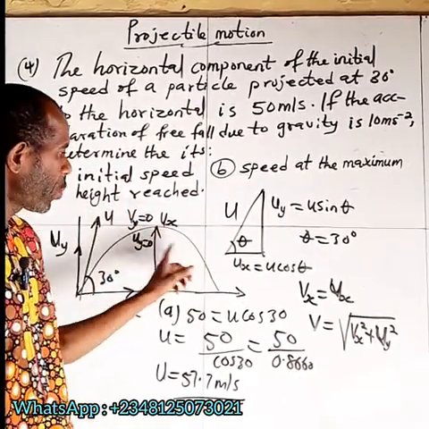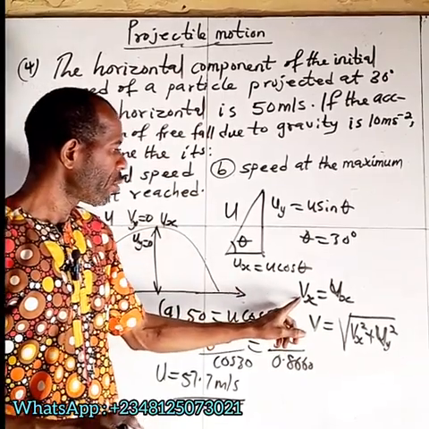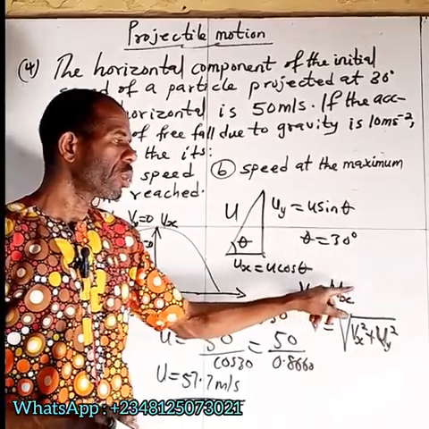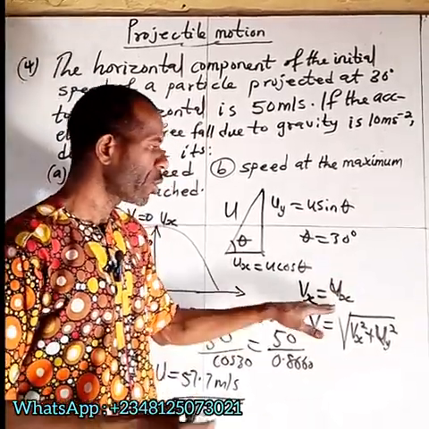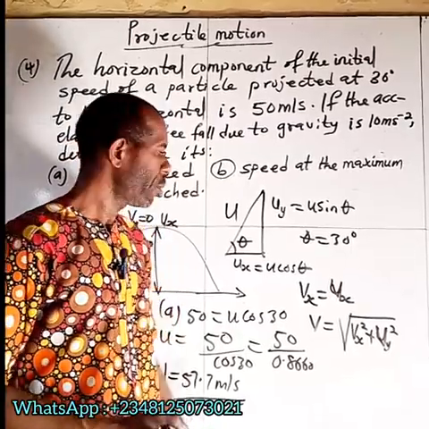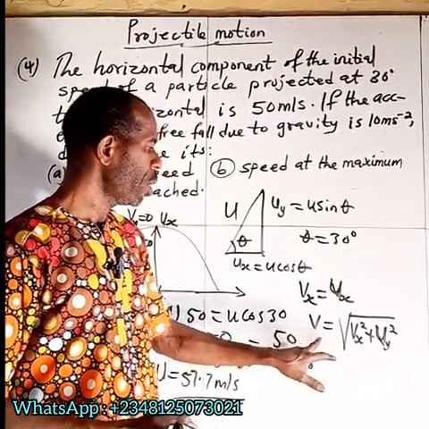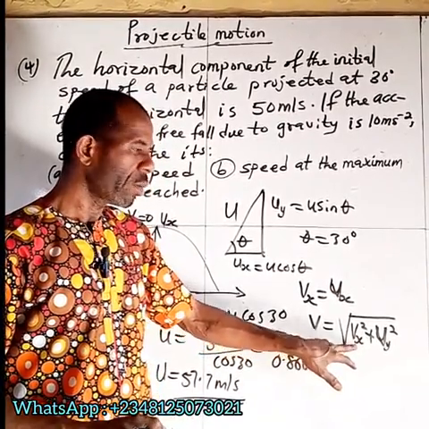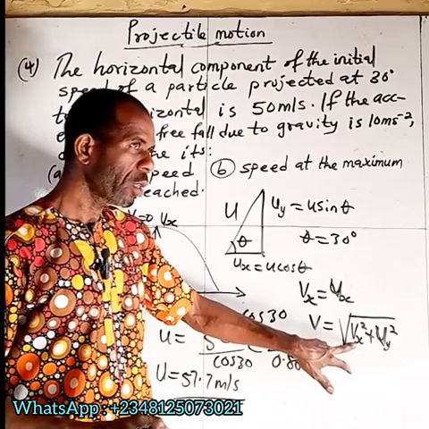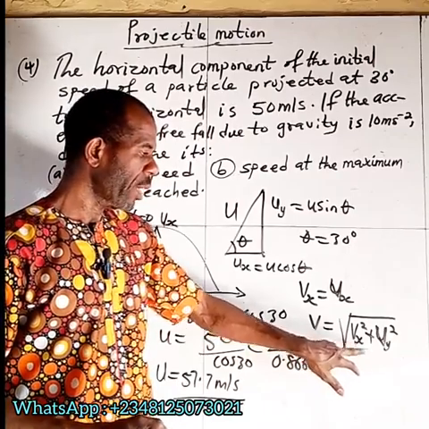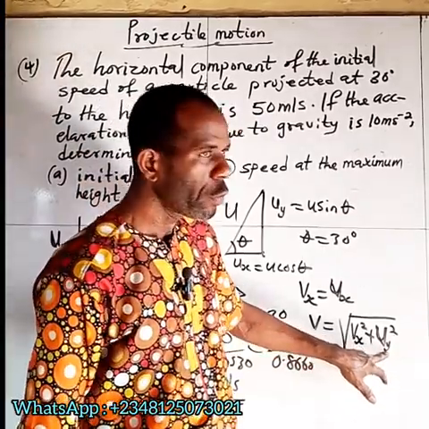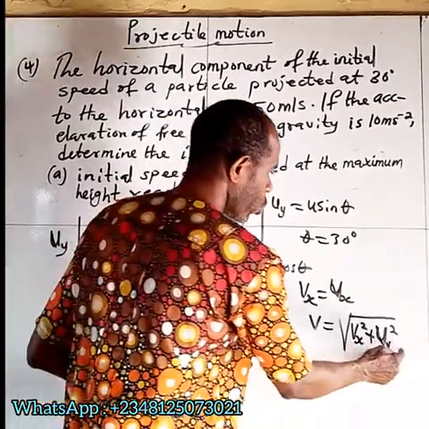The final horizontal velocity is equal to the initial horizontal velocity. So the velocity will be the resultant of the horizontal final velocity and the vertical velocity, and at that point the vertical one is 0.